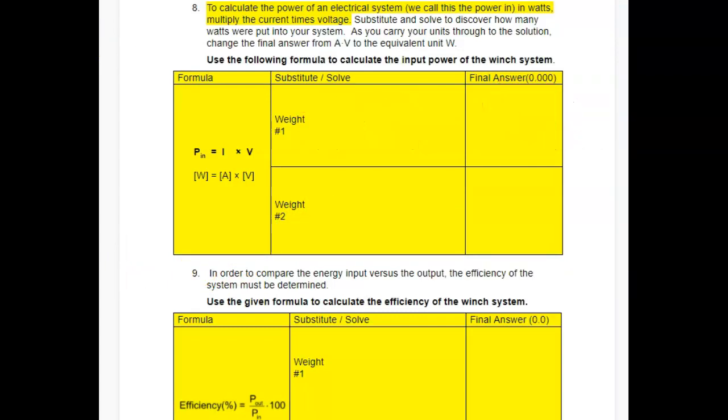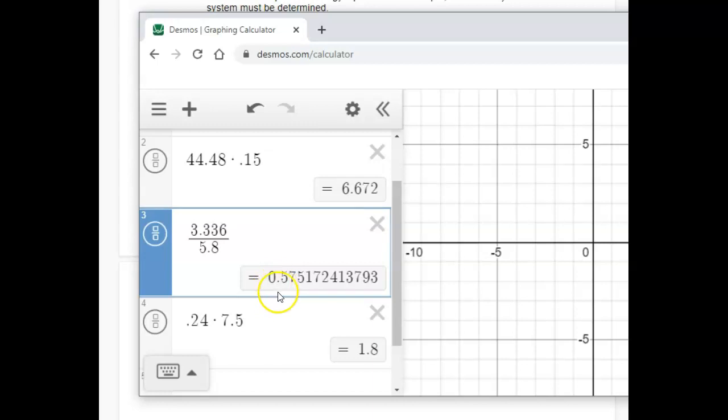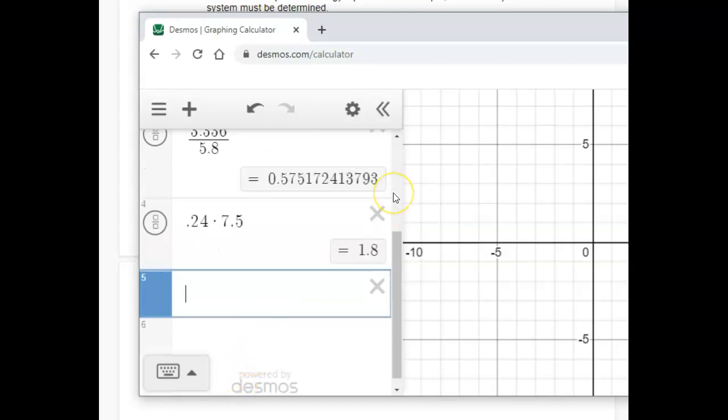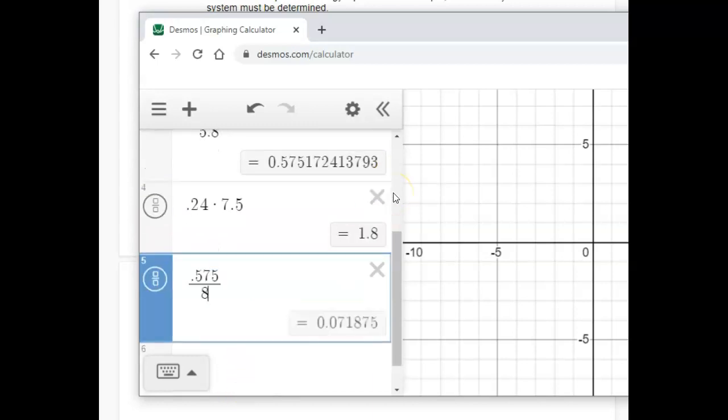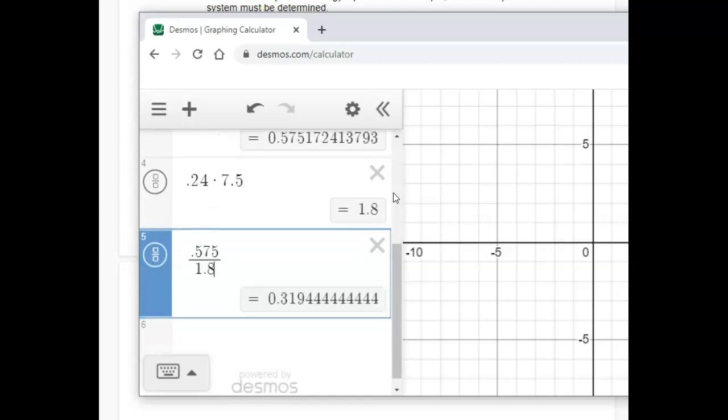And then we can jump to what the efficiency is. Efficiency compares the power out divided by the power in, and then we multiply by 100%. So for the first weight, our power out, if we remember, was 0.575, and then we divide by the power in, which was 1.8, and then we multiply the whole thing by 100.